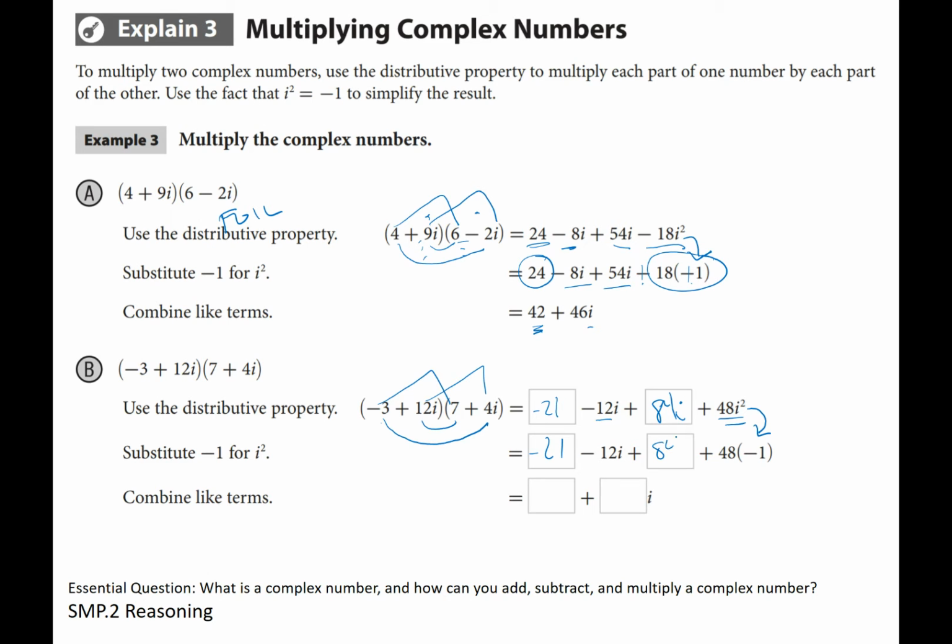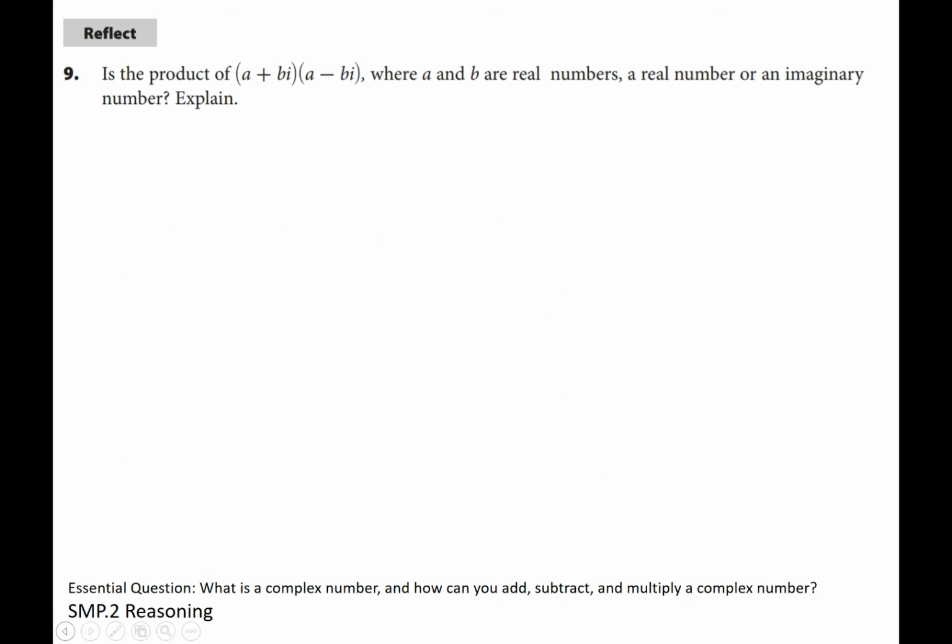And these are just getting dropped down. And then we know that this piece here is really -48. So -21 and -48 is -69. And then -12i and +84i is 72i. And remember, the i piece always goes in the back. That's just because that's the way a complex number is formed.